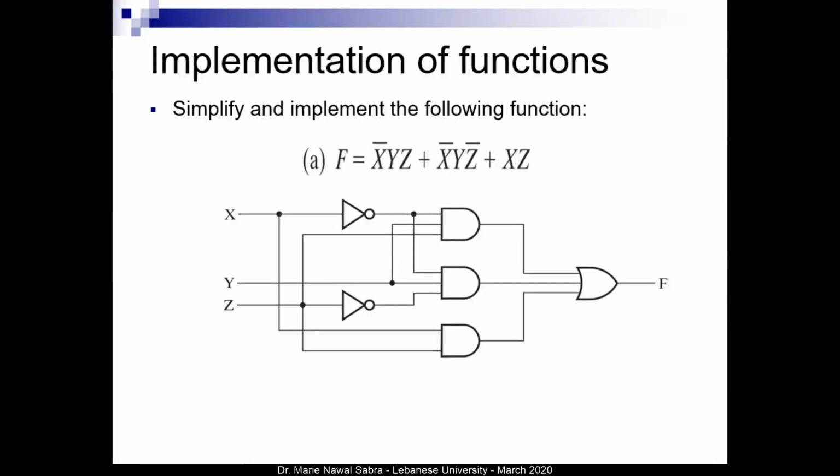So I have here a function of x, y, and z, and it is implemented in its actual form. The question is to simplify and implement it, so that we can compare implementing a function as it is with implementing it after simplification, and see the importance of simplification in reducing the expression. Here, x bar yz or x bar yz bar, so we have the implementation in nots, ands, and ors.